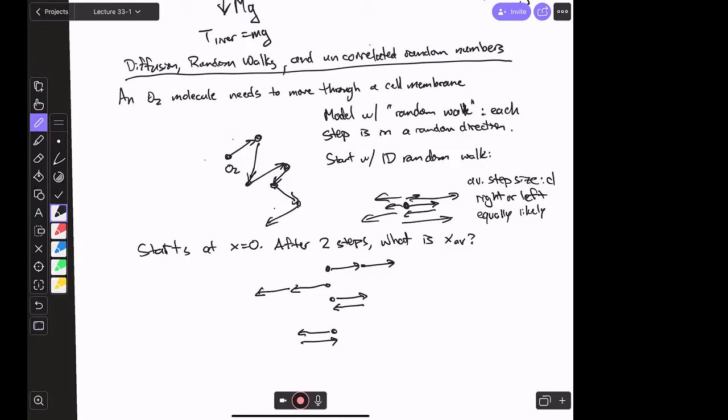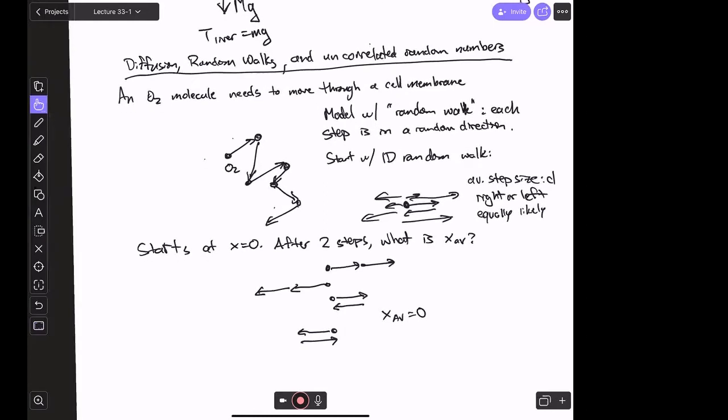Allison? 0. X average equals 0. So we can see from this that when you're talking about a random walk, thinking about the average final x does not tell you very much.